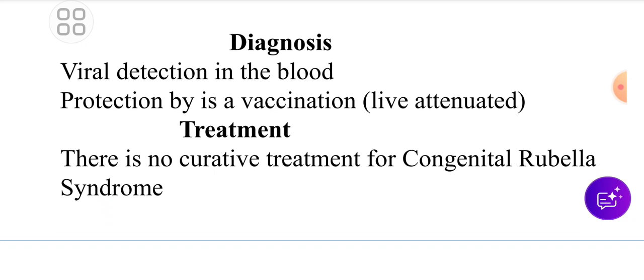Diagnosis is by viral detection in the blood. The good thing is that protection is by vaccination, a live attenuated vaccine. Treatment: there is no curative treatment for congenital rubella syndrome.